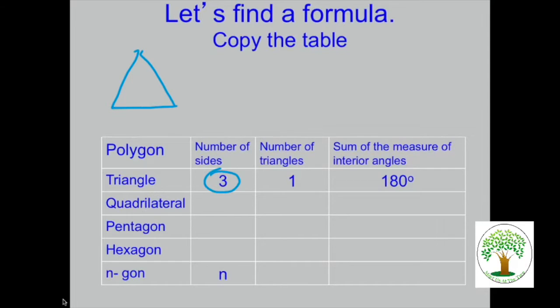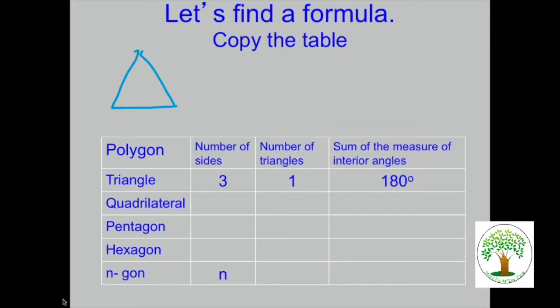That's why there's a 3 right there. How many triangles are there? This is kind of a weird question. Well, there's only one. When we get to the later ones, you'll understand what I'm talking about. It seems strange to ask how many triangles when I only draw one triangle. It seems obvious that there's only one. What is the sum of the measure of the interior angles for that? 180. You memorized that one.